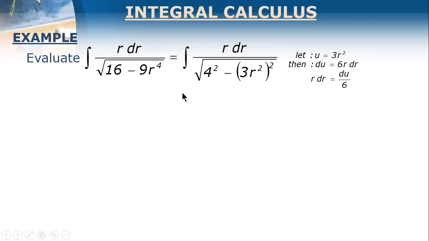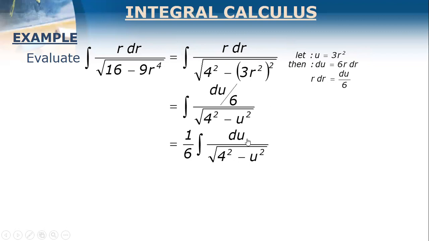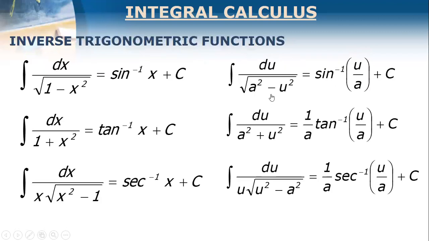And so this is the next step. r dr replaced by du over 6, and square root of 4 squared minus u squared. And then 1 over 6, you place it before the integral, and we have this. And we fit this to the standard form. The antiderivative is arc sine of u over a.